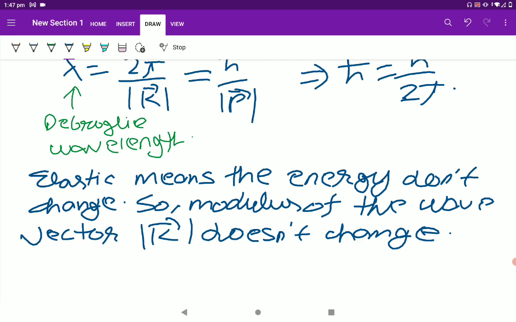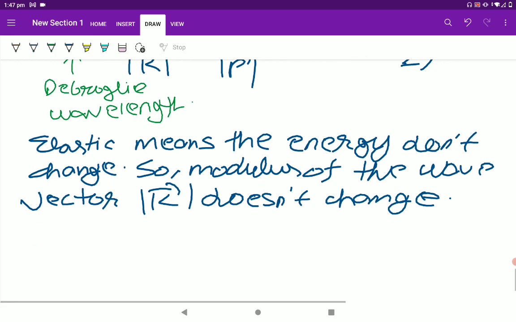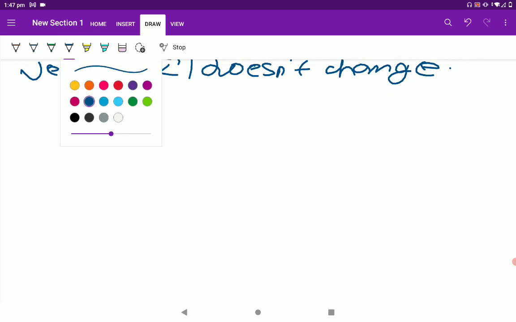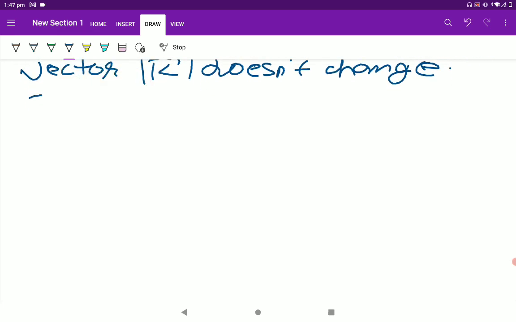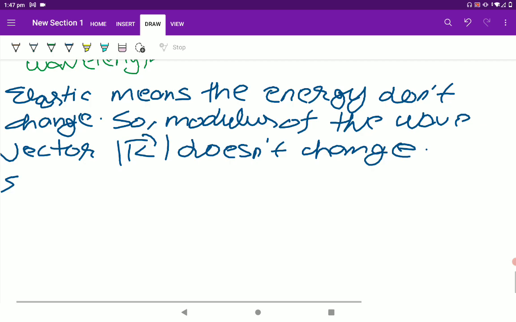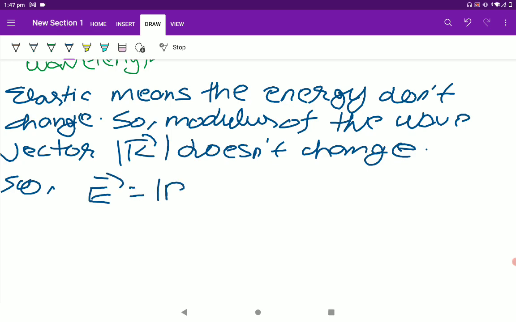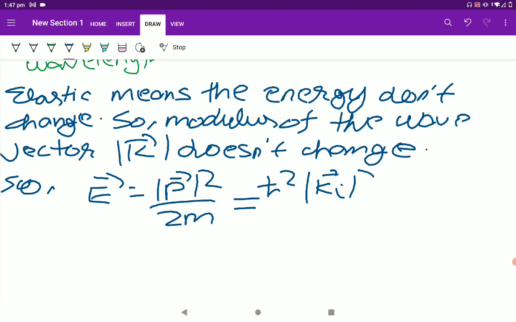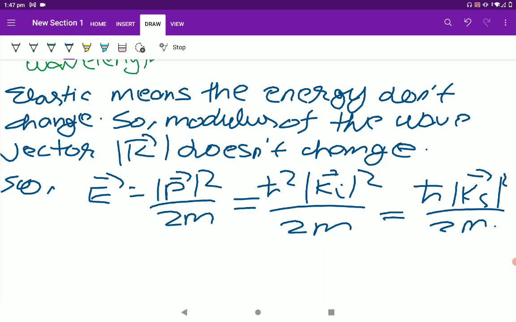As per the energy equation, we can write p square by 2m, where p is equal to h cross k, and h is constant here, so this is the incident wave vector k square by 2m, which is equal to the scattered wave vector k square by 2m.